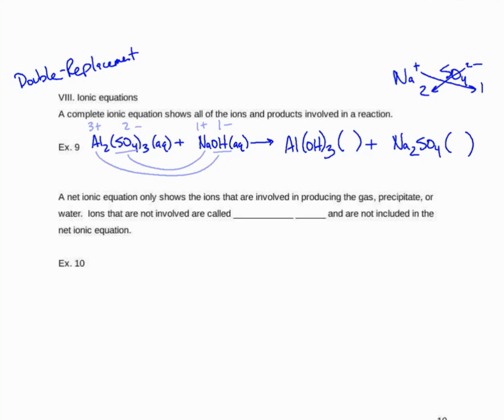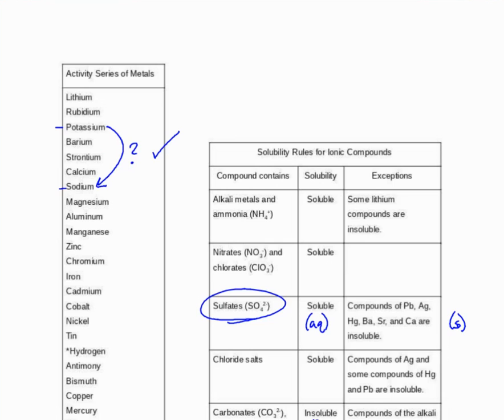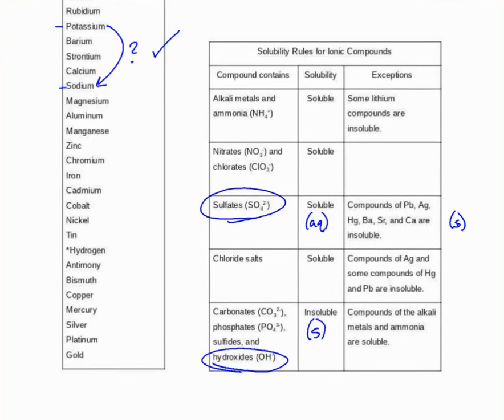So we flip to page 11. I've already identified these. Sulfates, like your sodium sulfate, are generally going to be soluble. Let's check the exceptions just in case. And yeah, we're good.